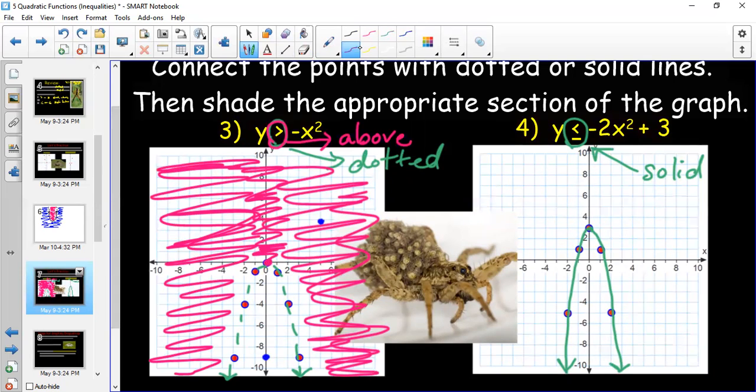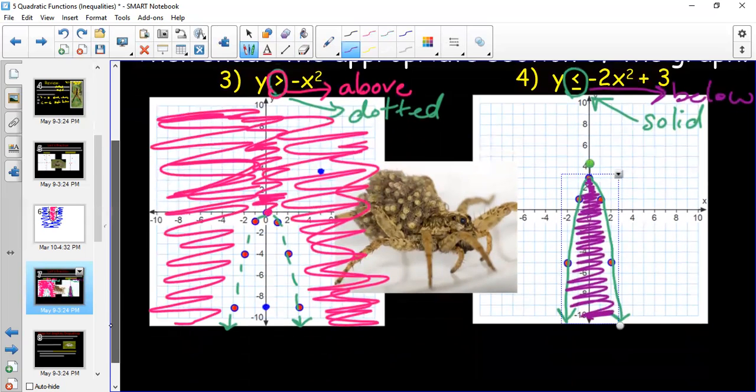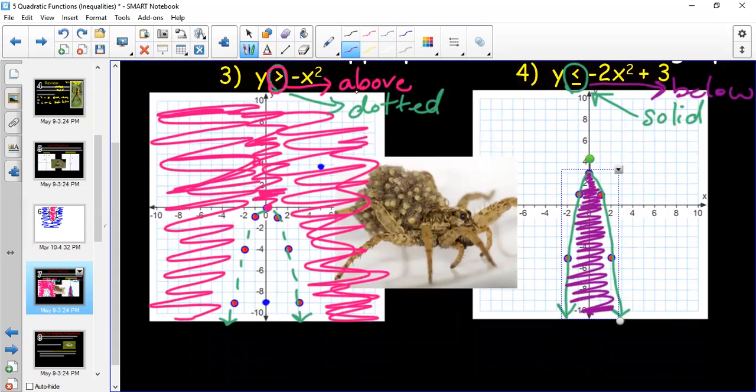All right, this one, it's less than. Less than means to shade below. So find your vertex, shade below it, and that means that we are shading the inside. Some people get confused. Like I said, they thought since it is a greater than, we always shade outside.